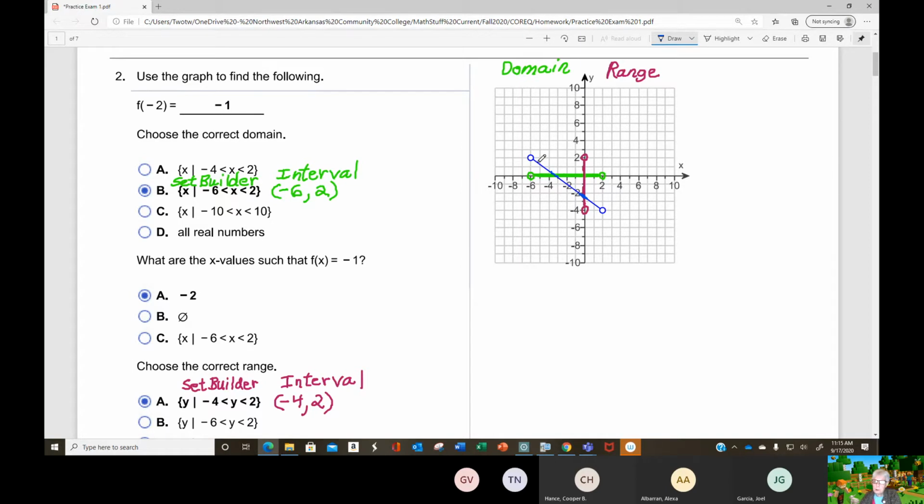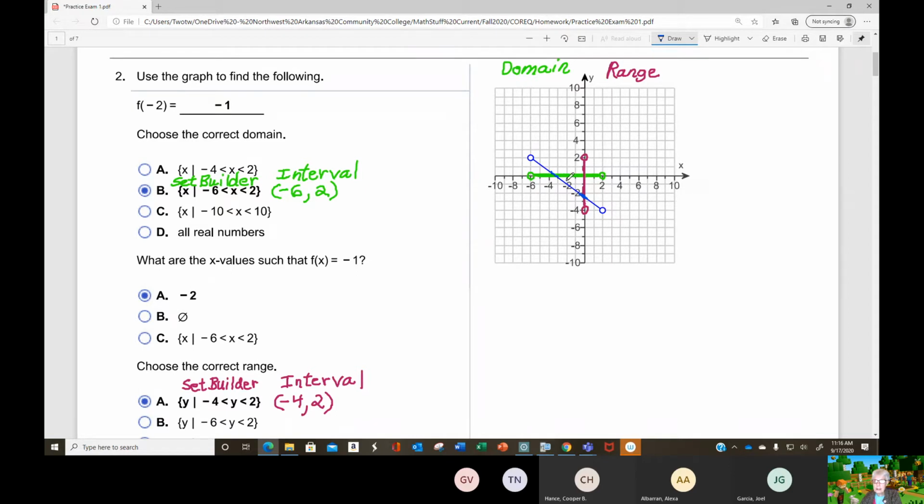Yeah, we've got this blue line that has open circles at the end. And here's the matching domain. The domain is always on the x-axis, and the range is always on the y-axis. And so this is the part of the x-axis that goes with the graph. And this is the part of the y-axis that goes with the graph.